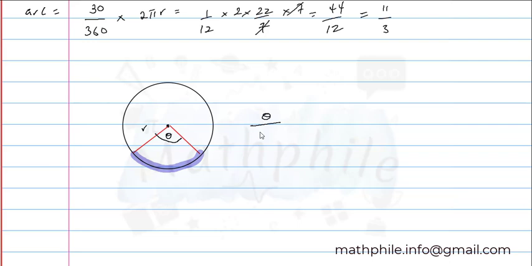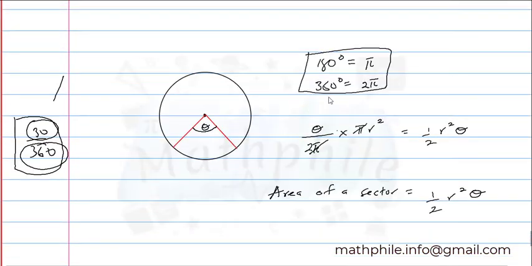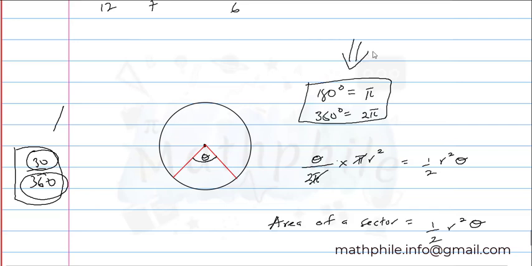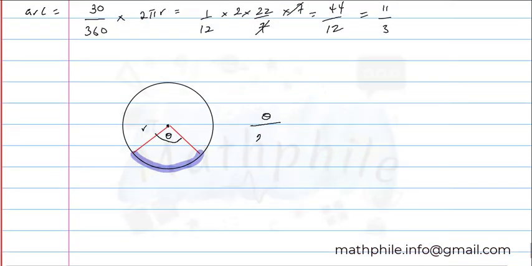We've forgotten again. Okay, so we just wrote this one. In terms of radians, 2 pi. So theta over 2 pi times the circumference of the circle, which is 2 pi r. You can see that this 2 pi cancels out this 2 pi, leaving you with theta r.